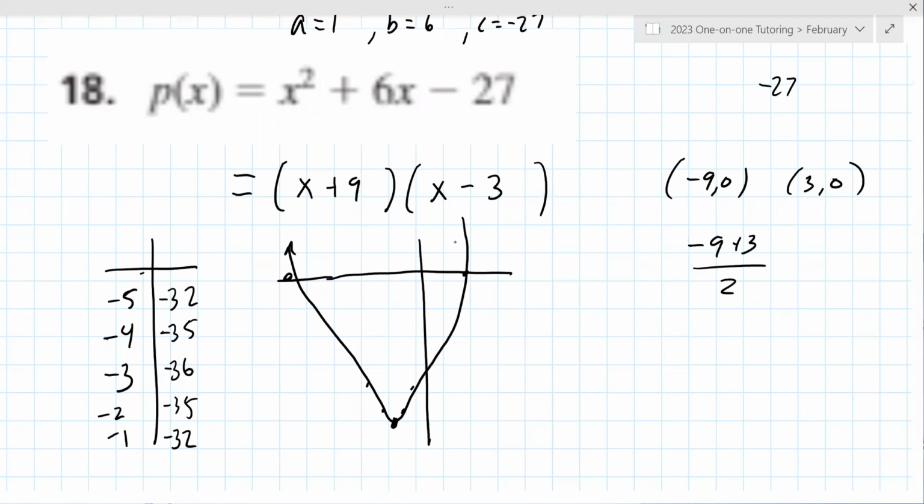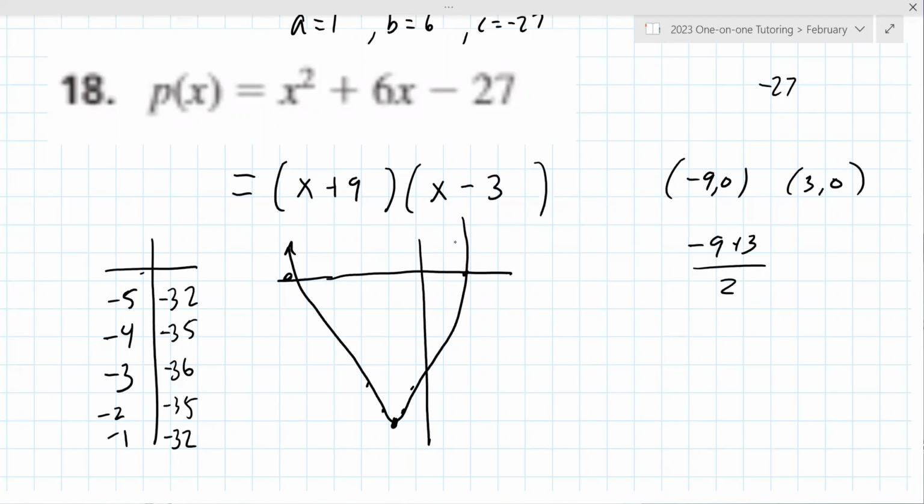So then the axis of symmetry is x equals -3. Vertex is -3, -36. Then the domain is all real numbers.